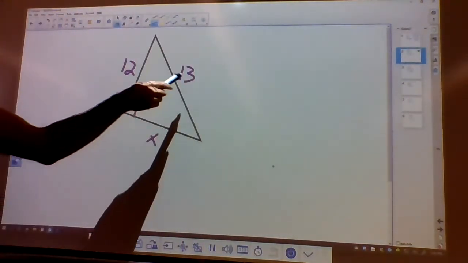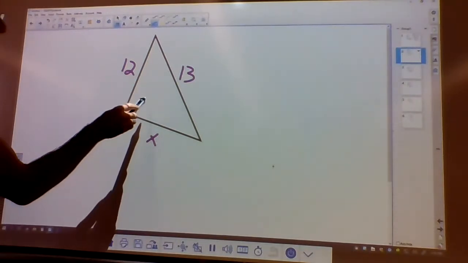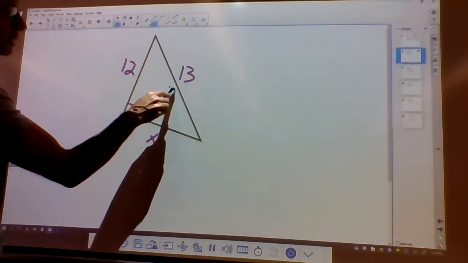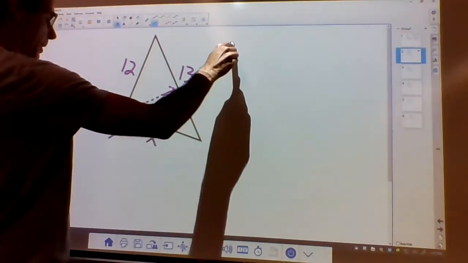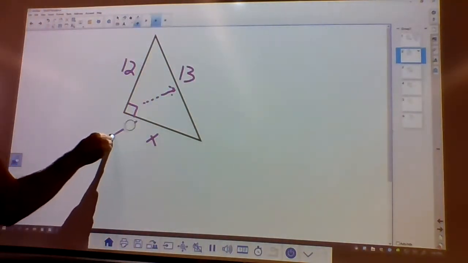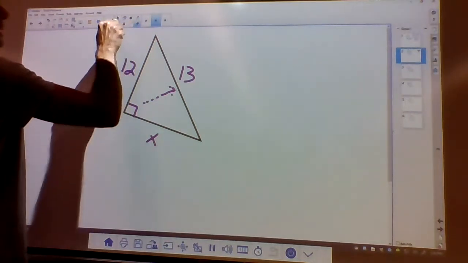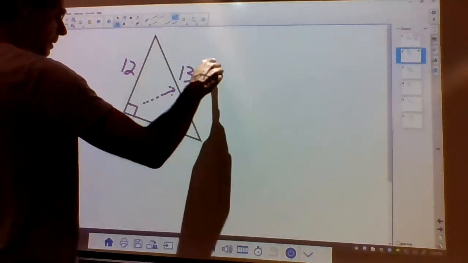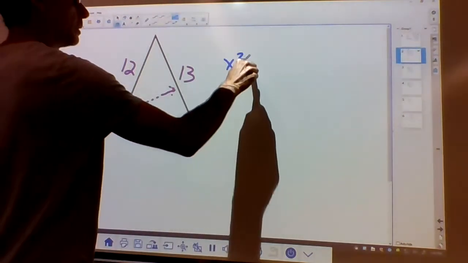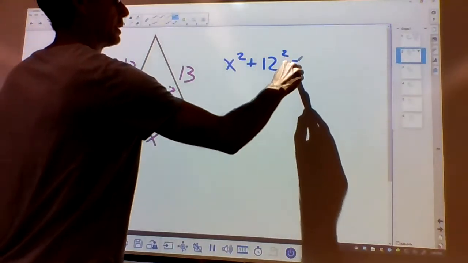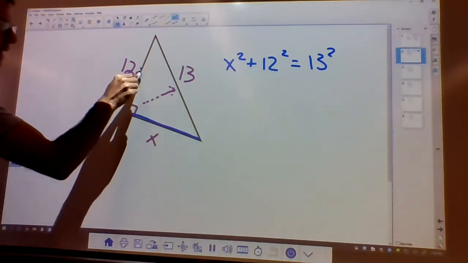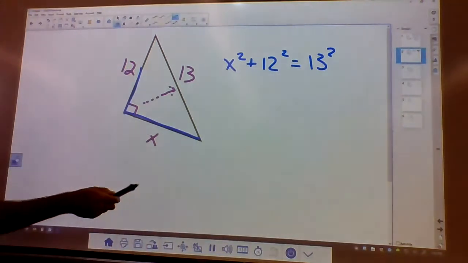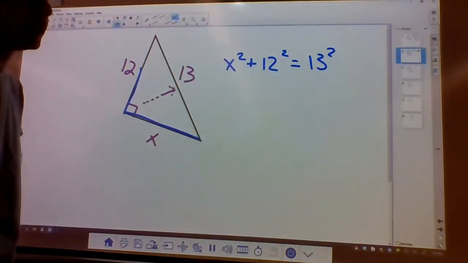Next situation, we've got 2 solid numbers, but now notice one of the solid numbers is the hypotenuse. So now we're going to be setting this up as x squared plus 12 squared equals 13 squared, because the legs touch the right angle, so those are these two sides. The 13 is by itself.